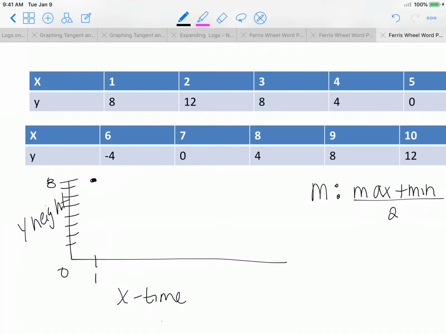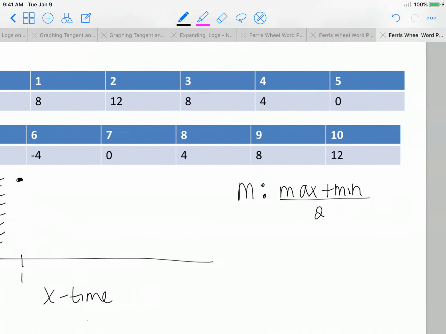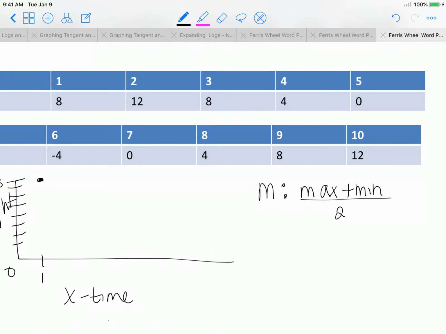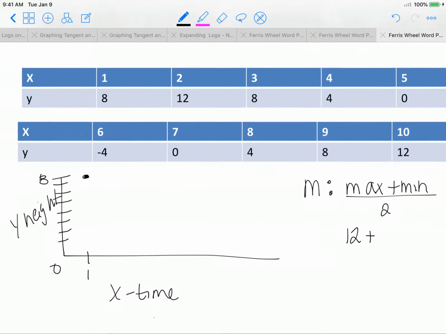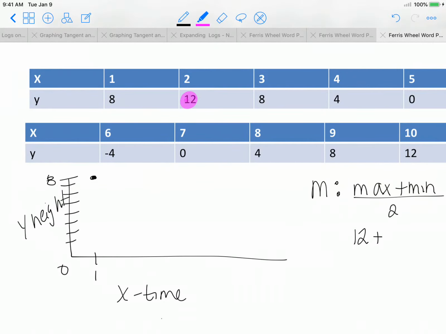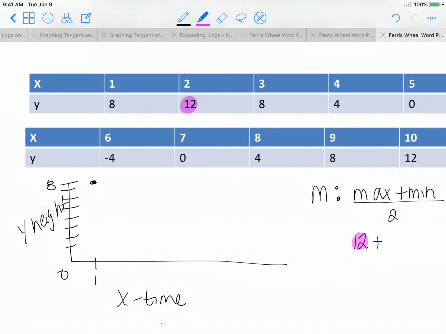Okay, so if I'm looking at all my y's, what's my highest point? Well, hopefully you would say 12. So 12 plus, what's the minimum? Looks like -4 to me if we're just looking at the table.